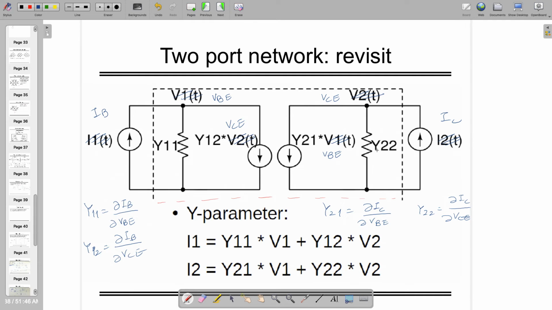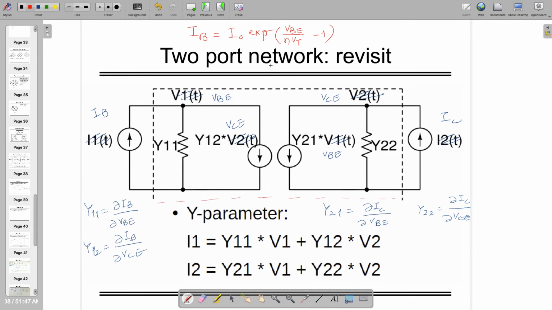Okay, for those people who forgot the equation of IB, please do not forget the equation of IB or ID. Now it's okay.